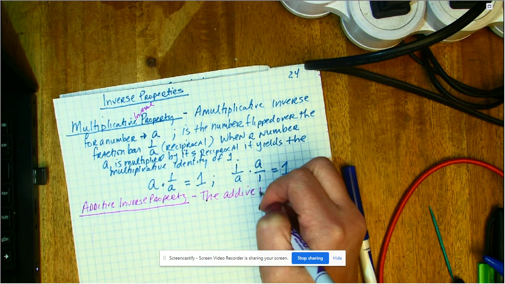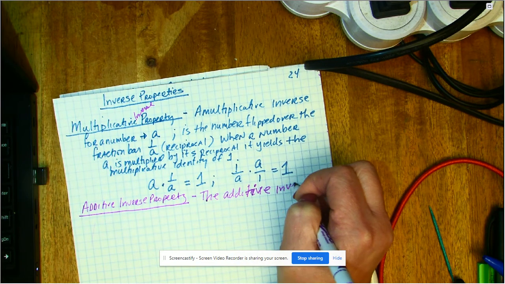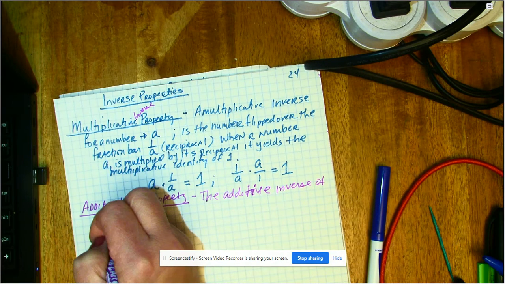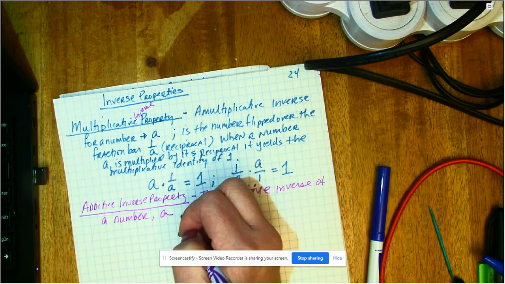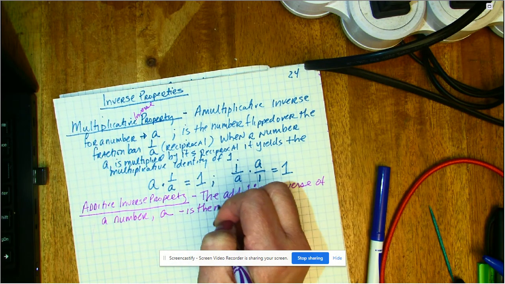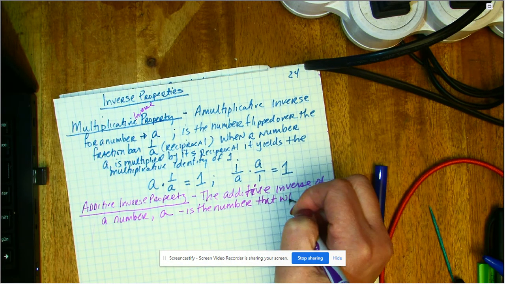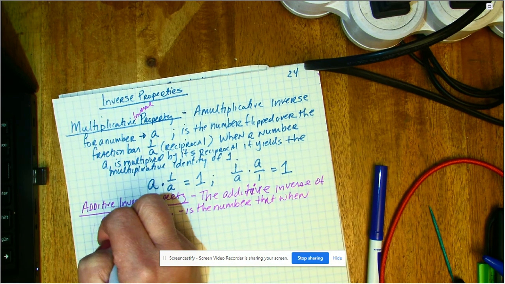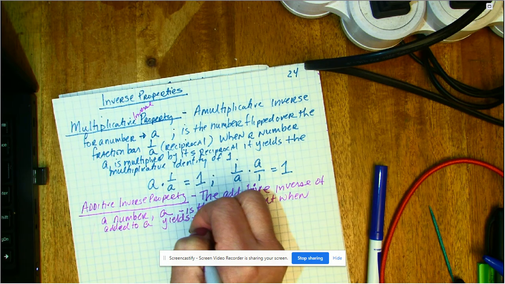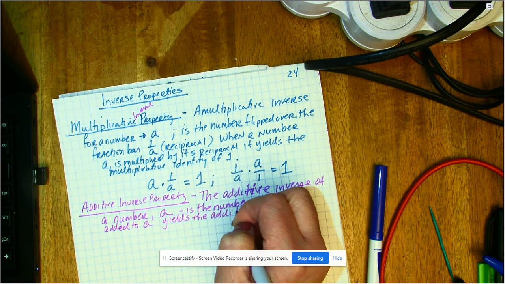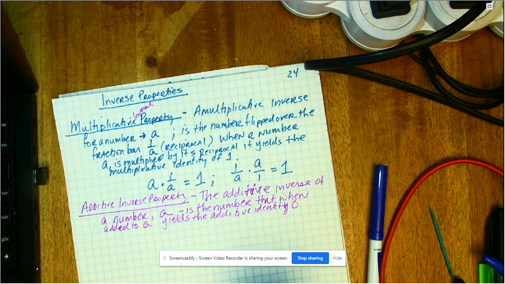The additive inverse of a number A is the number that, when added to A, yields the additive identity 0.